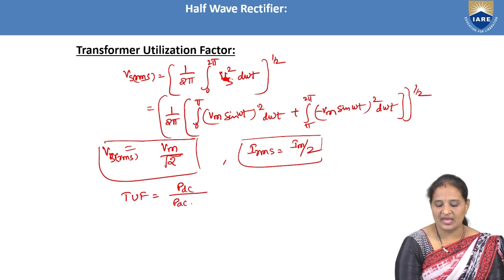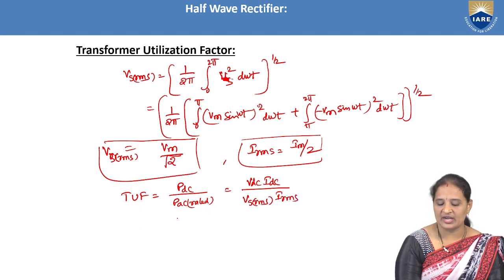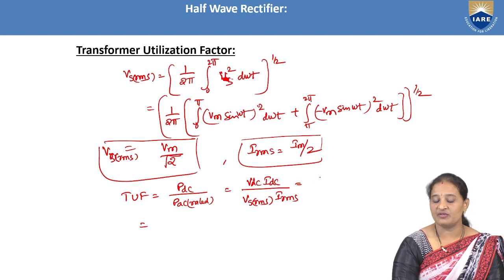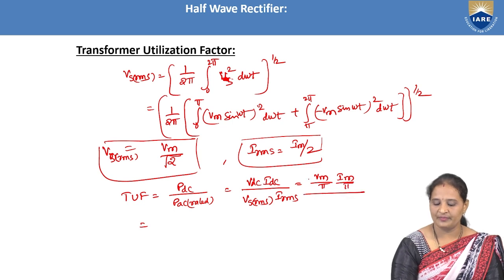Hence we can calculate the transformer utilization factor, that is PDC divided by PAC rated, at the transformer secondary. VDC into IDC divided by Vs RMS into IRMS. So just substitute the values here. Vm by pi, Im by pi, divided by the RMS values, that is Vm by root 2 into Im by 2.